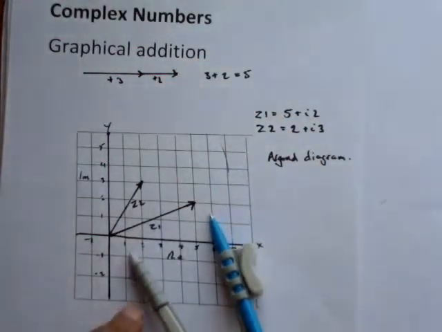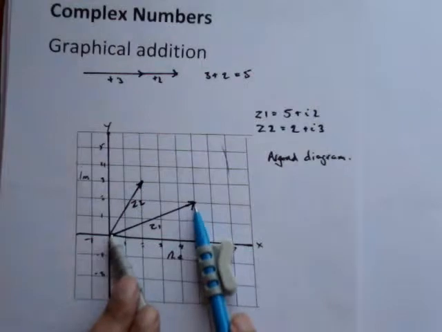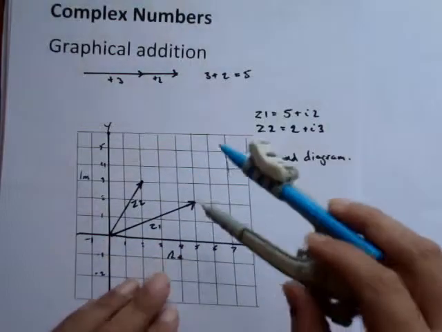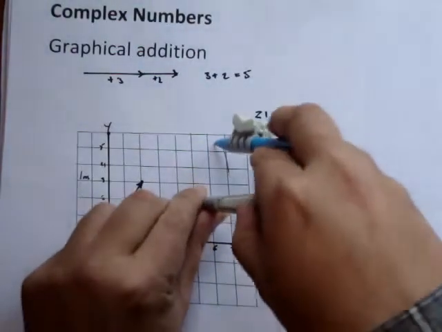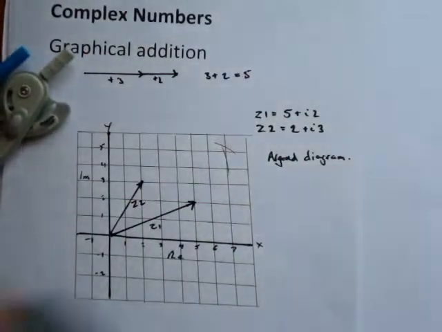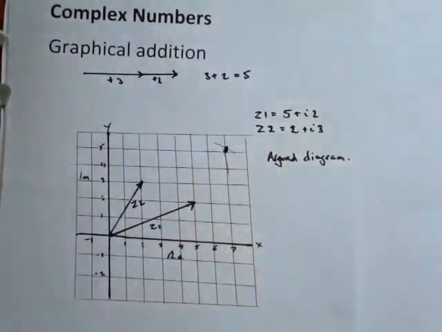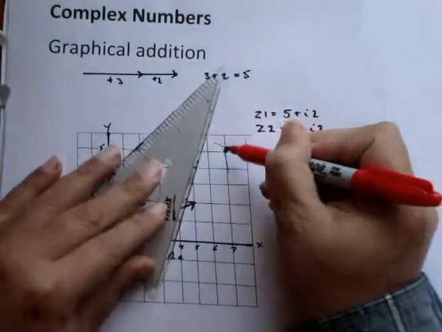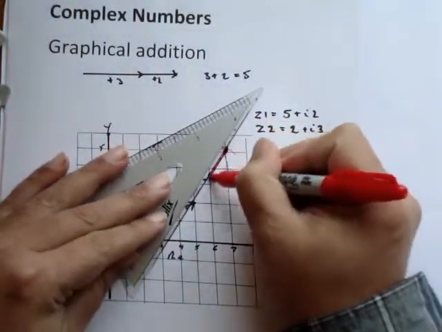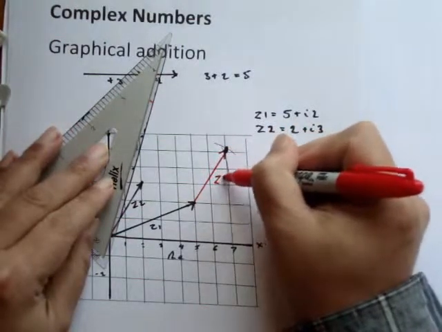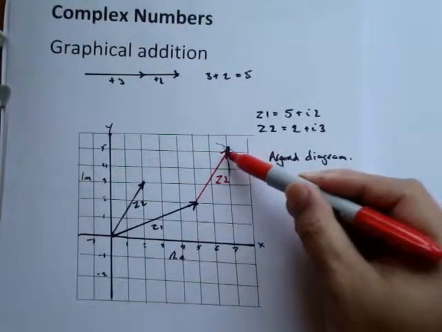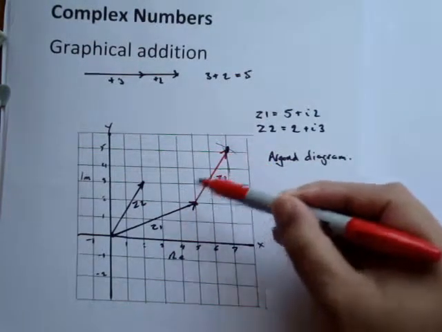Then we measure z2, we've done that, and we measure z1, and then we measure that from the end of z2, and we get the point here. So this is our z2 after we've moved it across, so that it lines up tail to point with z1.